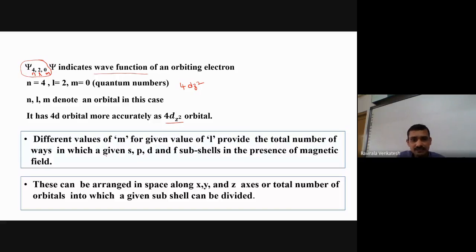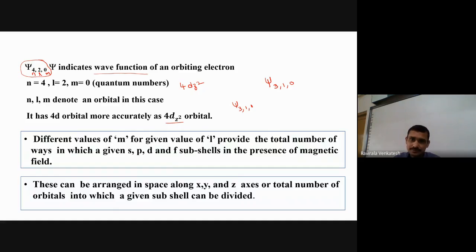Different n values for a given L value provide the total number of ways in which SPDF are present in the magnetic field. I will give one more question here, a very simple question. Psi 3, comma 1, comma 0. Next, the same: psi 3, comma 1, comma 1.